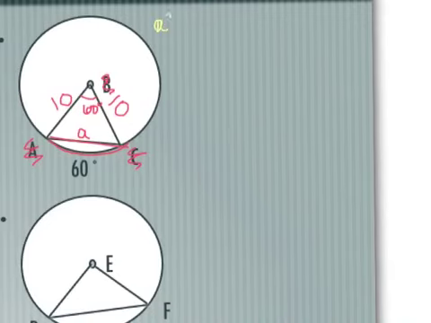A squared equals 10 squared plus 10 squared minus 2 times 10 times 10 times cosine of 60.